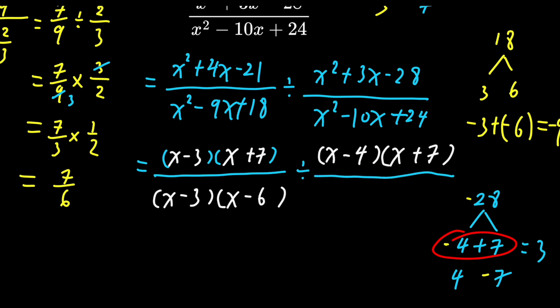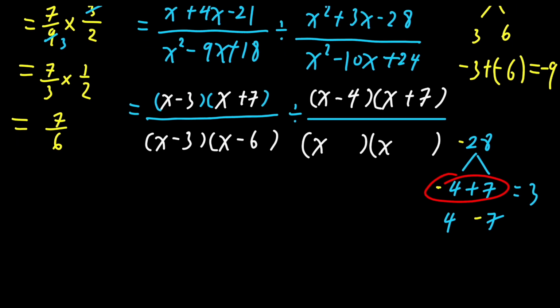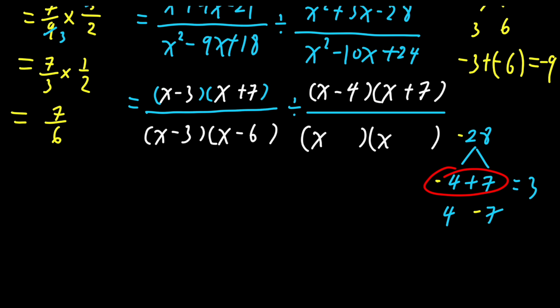Then almost done. Two parentheses and break this x. And we want to break this 24. The two factors would be 4 and 6. And the sum of these two factors must be negative 10. So since the result is negative, the factors will be negative.